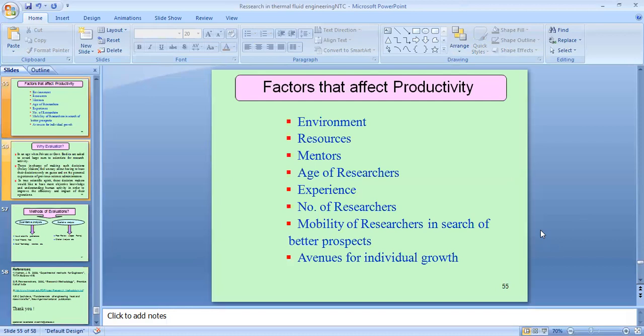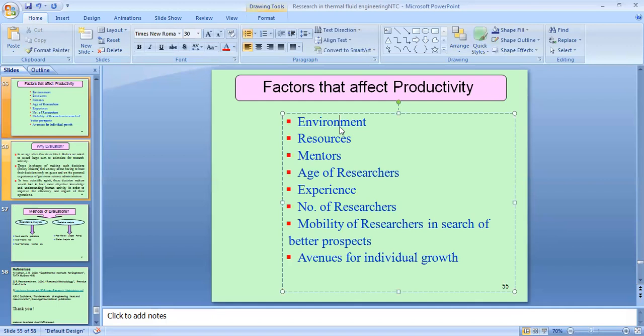Now, when we say something about the research, when we say productivity, we also have to pay attention to the parameters that affect the productivity of the research, like the environment, resources.